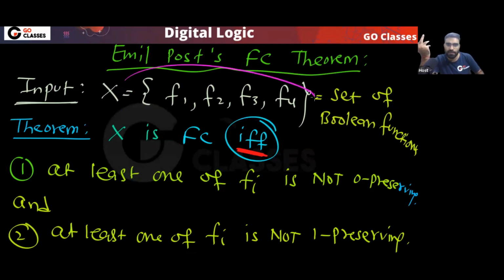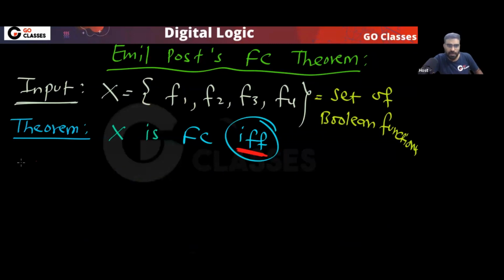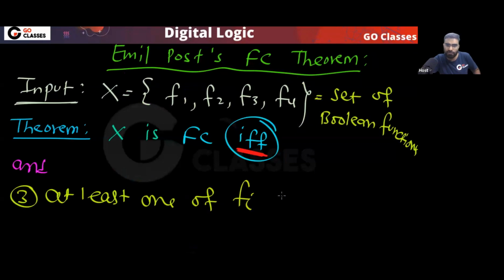So at least one of them should be not zero preserving, at least one of them should be not one preserving, and at least one of the fi should be not self-dual.